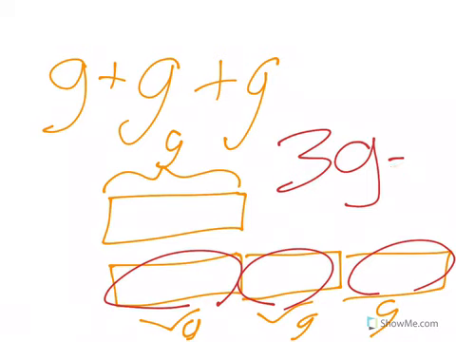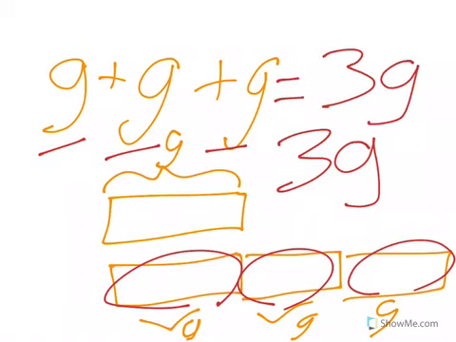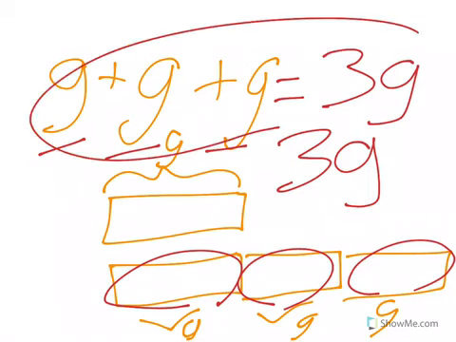So essentially what I'm trying to get across here is that g plus g plus g is the same thing as 3 times g. And as we look at these kinds of relationships, I want to show that you can write multiplication as addition and vice versa. So let's look at a couple of examples here together.